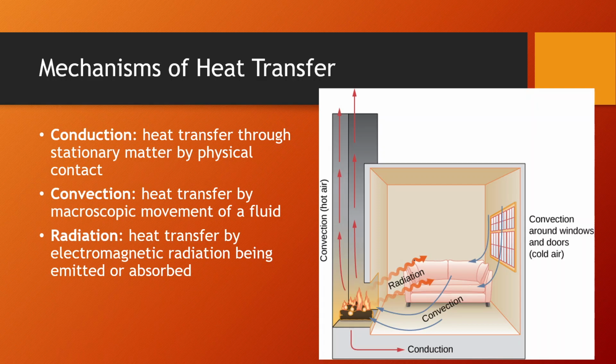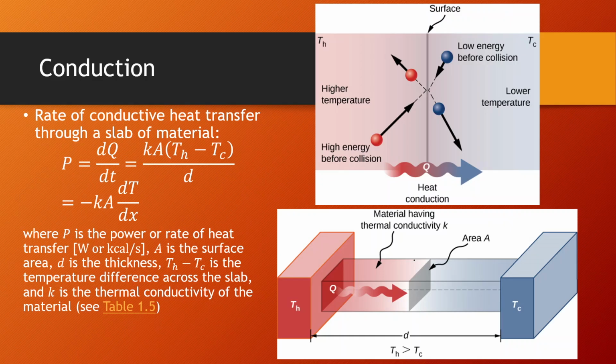Okay, so let us talk about each of these individually. The rate of conductive heat transfer through a slab of material is P, that is the rate, equal to dQ/dt, or equal to K times A times (TH minus TC) over D, where P is the power or rate of heat transfer in watts or kilocalories per second, A is the surface area, and D is the thickness of the material.